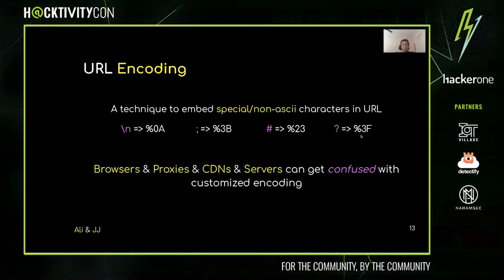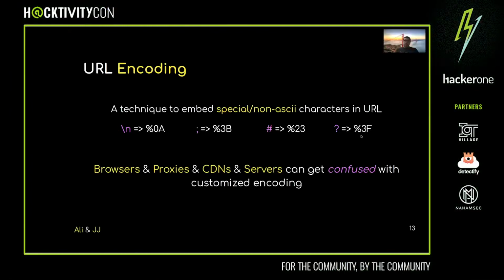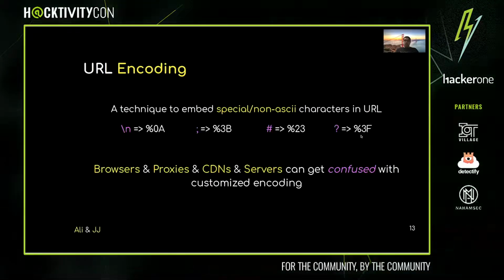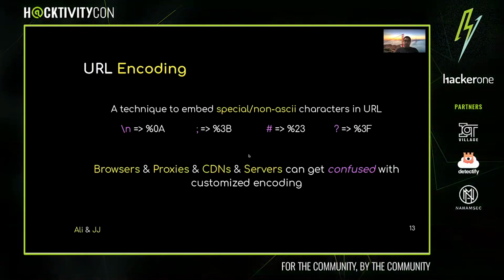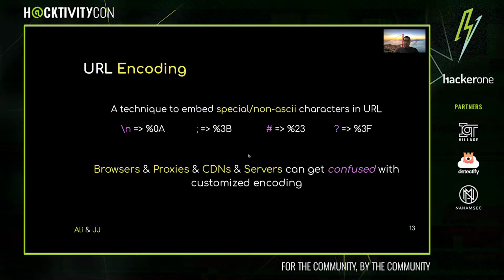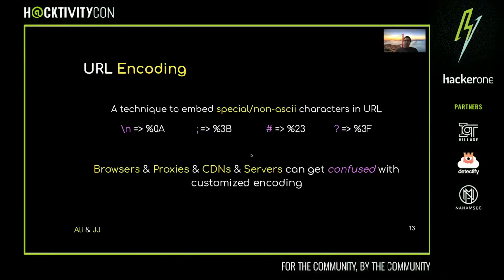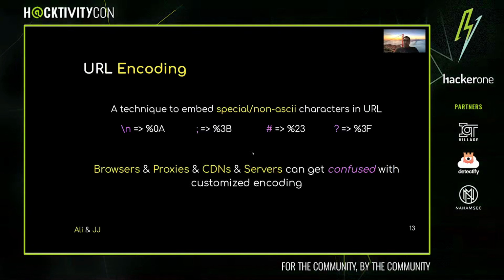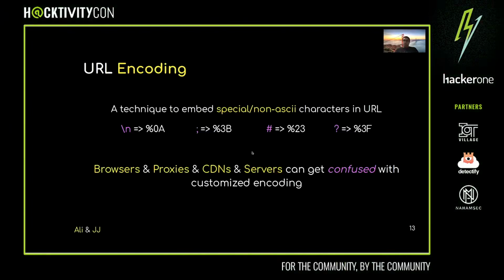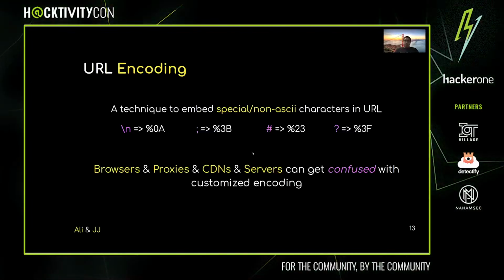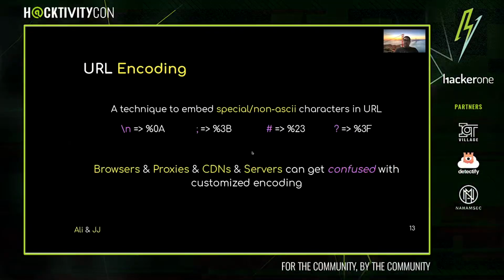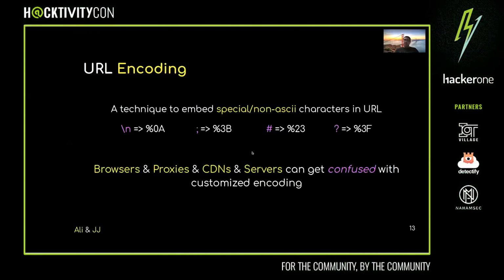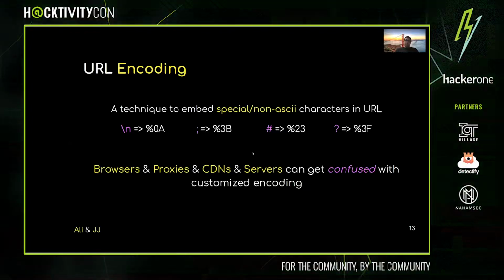However, this encoding can bring more confusion between different components of the internet, such as browsers, CDNs, and servers, if we apply custom encoding. And that's something we're going to explore through the next slides, to show how different encodings can make the different components have different interpretations.